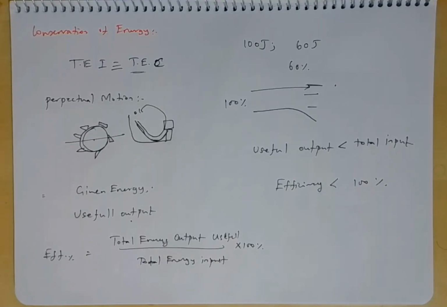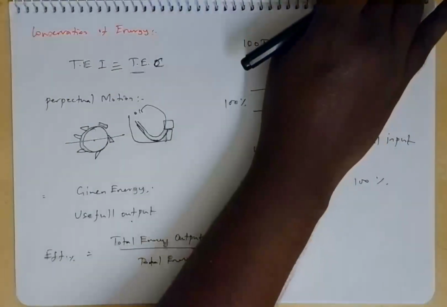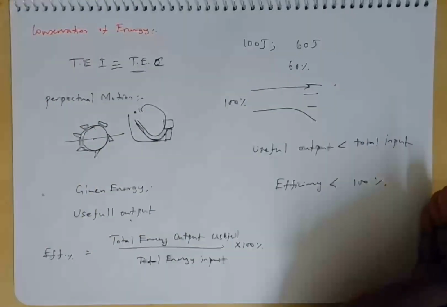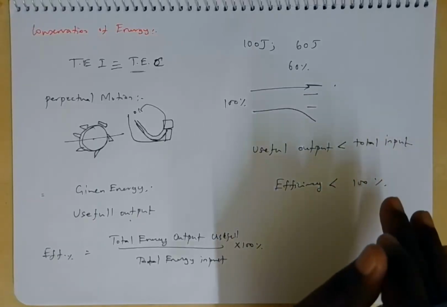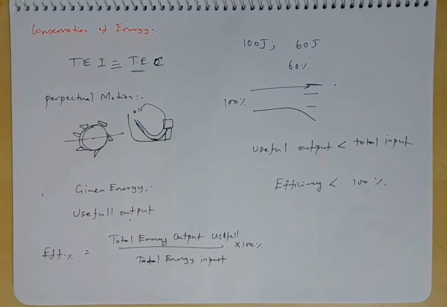In a transformer, what you are dealing with is power. If you take this side power, that should be equal to that side power. You can step up voltage, but the same amount you have to step down the current. So you increase the voltage and decrease the current, or increase the current and decrease the voltage.